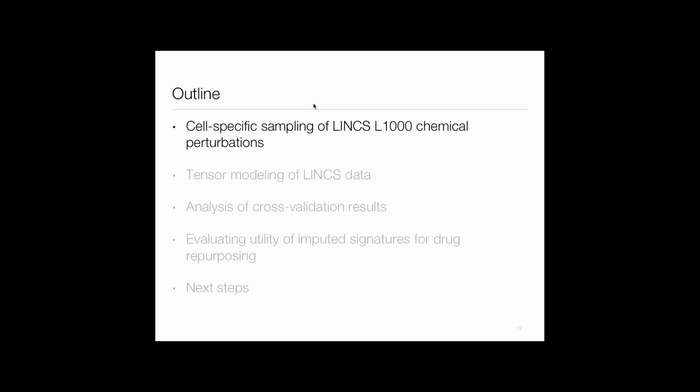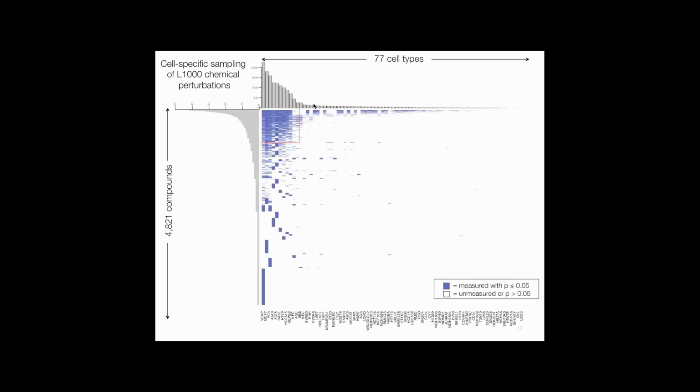So first of all, the sampling. Here's a view of this 2-dimensional space of cell types versus chemical compounds.